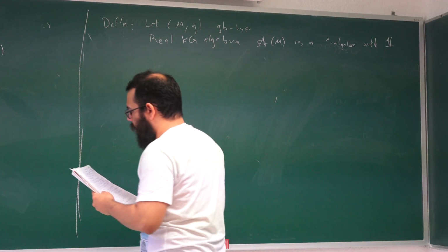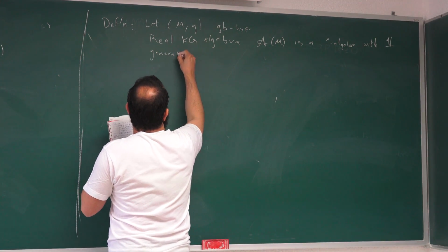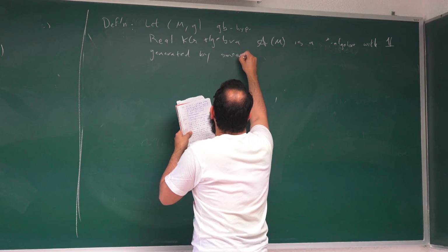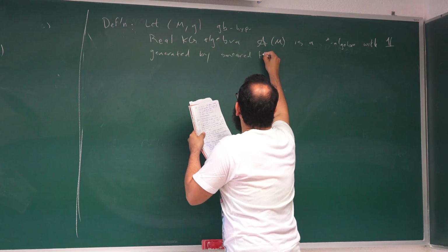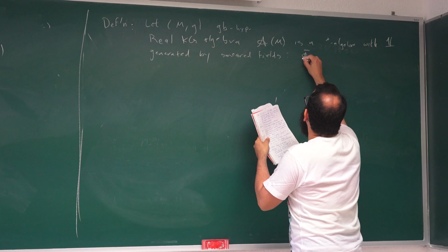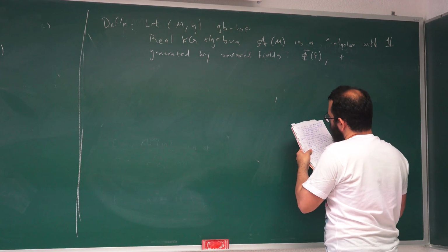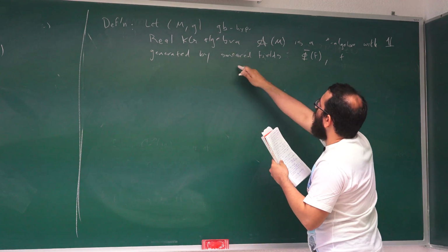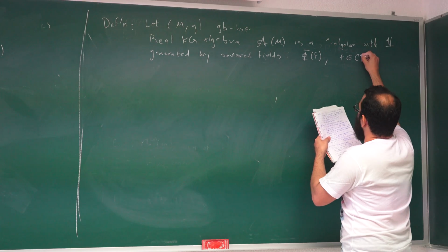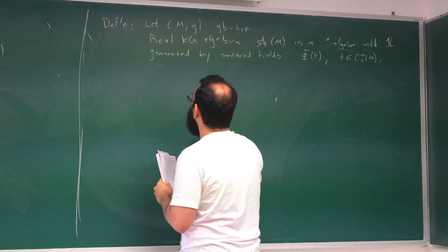So it has an identity, and it is generated by, I'm telling you now what the generators are, smeared fields. Of what form? Of the following form, Phi(f), where f is a smooth function of compact support, and it satisfies what?